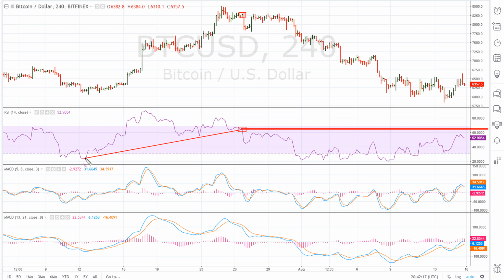Now, we know there was a secondary break right here of these highs. And they have some relevance right now in the current market, as Bitcoin is coming again to test this level.